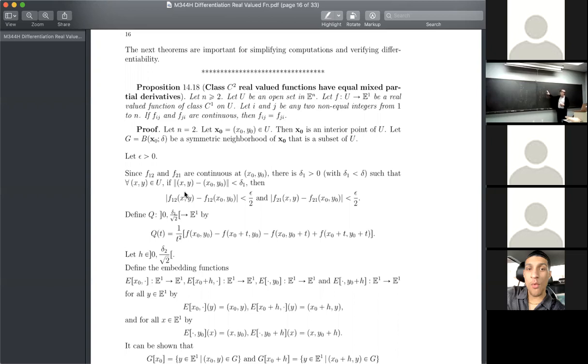So if all the first order partial derivatives are continuous, and all the derivatives of the first order partial derivatives are continuous, that's class C2.